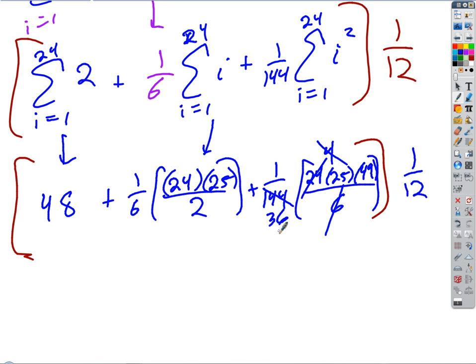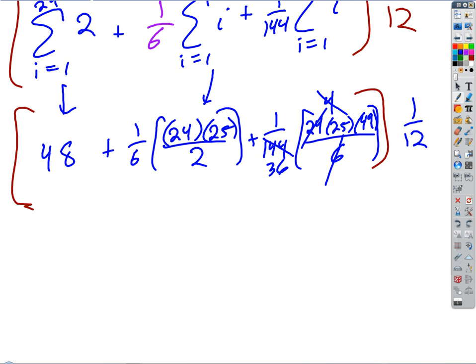And, well, okay, it's pretty ugly after that, isn't it? So this one here, I could cancel the 2 and the 6 and make that a 2. And so what do I get there? 48 plus 50 plus, yikes. So kind of ugly. What is that? What's 25 times 49 over 36?